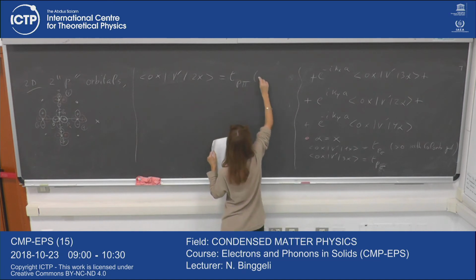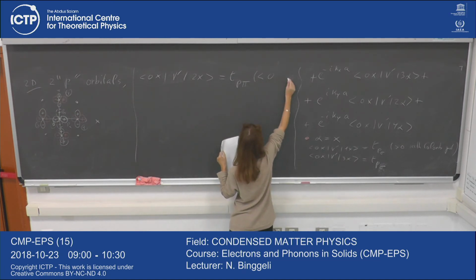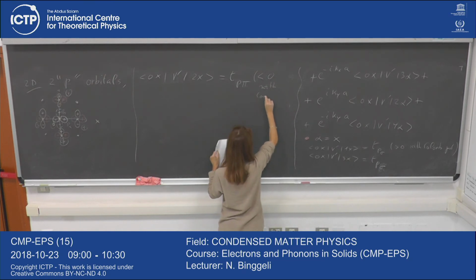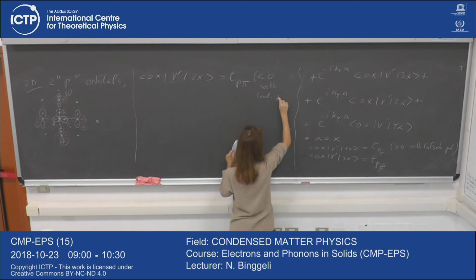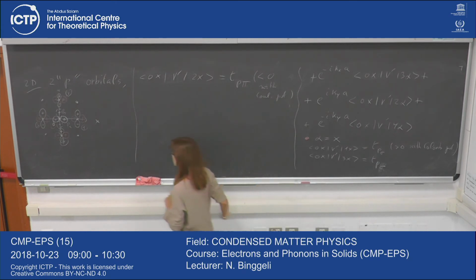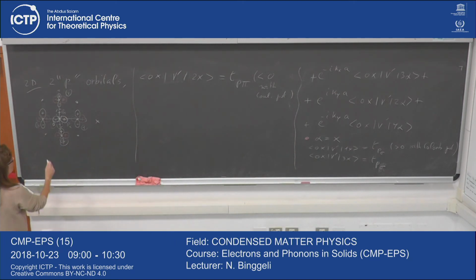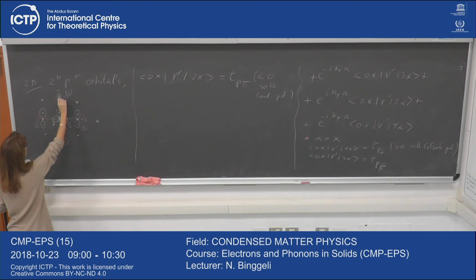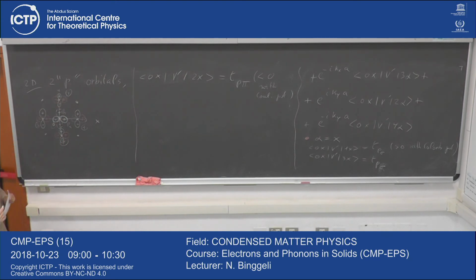And this, I know that it's going to be negative with a potential that is of the Coulomb type. So this element is the px state here times the px state on the side 2, so this one. I call this element pi because the orbitals are parallel.